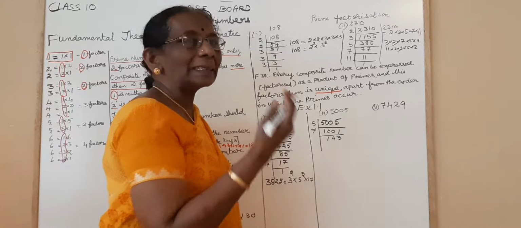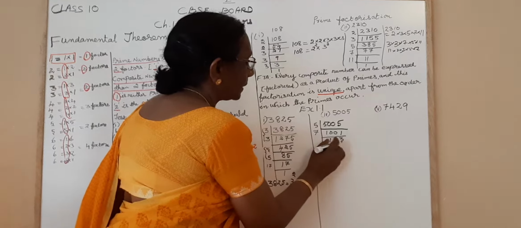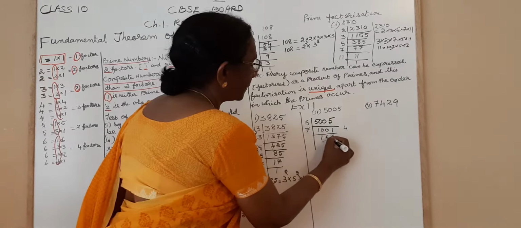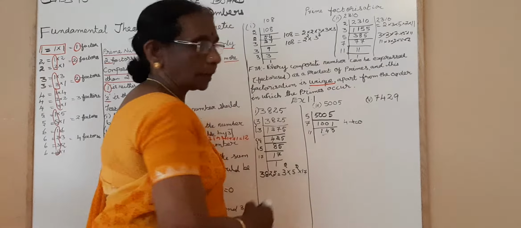So let us move to the next number, 11. When you add alternate places, 3 plus 1, 4, and the middle number is 4. 4 minus 4, 0. So it is divisible by 11.